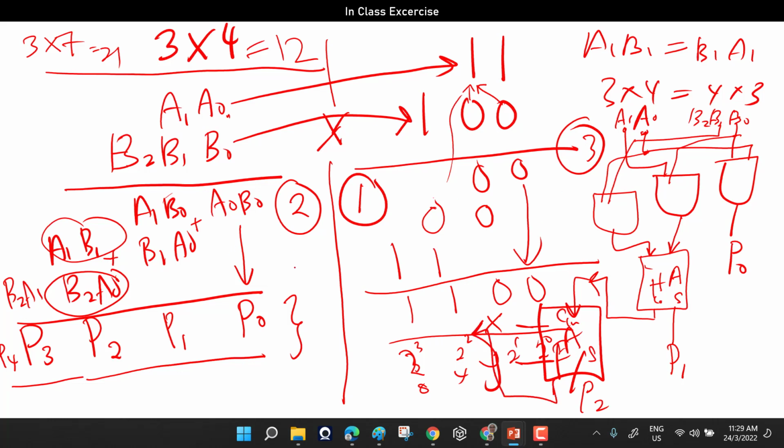The next stage should come from B2A1. So B2A1 is another AND gate over here. B2A1 goes in, and this should be added up. Here there are only 2 elements that you need to cater for. One is the carry out over here, and the other is the product of B2A1. So here I made the option to use a half adder. One comes in through its X, one comes in through its Y, and here there is your P number 3 and also P number 4.